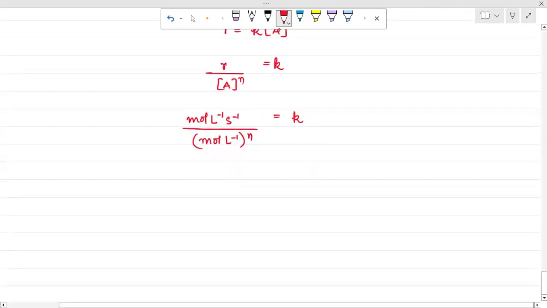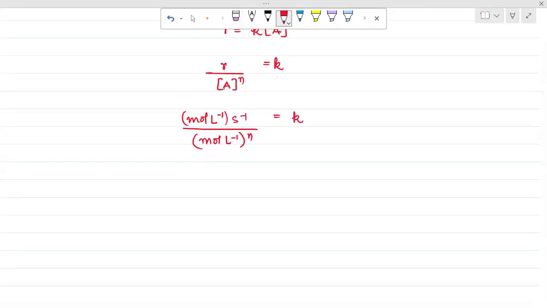So there is one moles per liter in the numerator, and moles per liter raised to n in the denominator. When you take it above, a raised to m by a raised to n is equal to a raised to m minus n. So here we have moles per liter to the power 1 divided by moles per liter to the power n. So the general unit becomes moles per liter to the power 1 minus n per second.